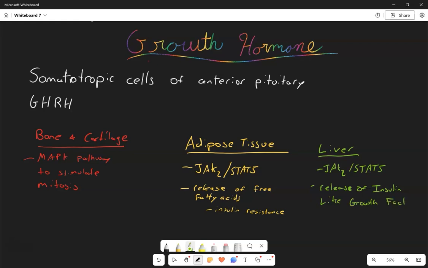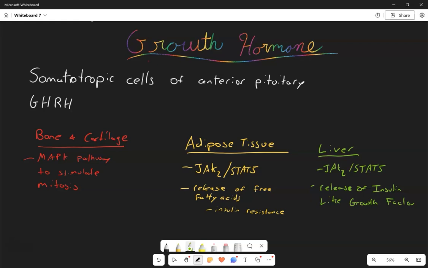And these insulin-like growth factors have targets throughout the entire body. Those insulin-like growth factors will stimulate growth of tissue.